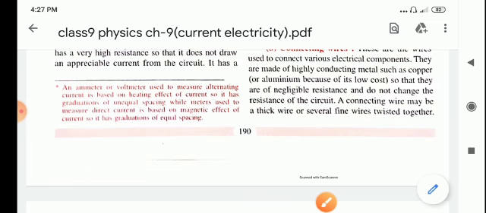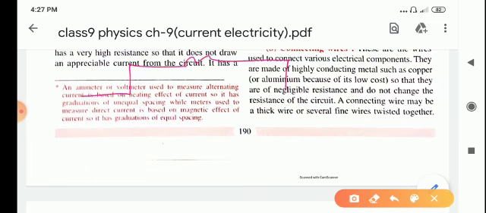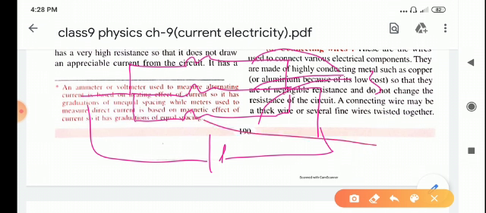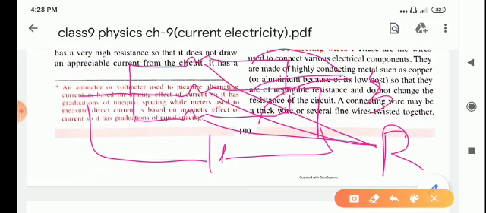Similarly, for parallel, one, two, three wires and three resistances, one, 2 and 3. It is resistance or load, and 3 connecting wires.